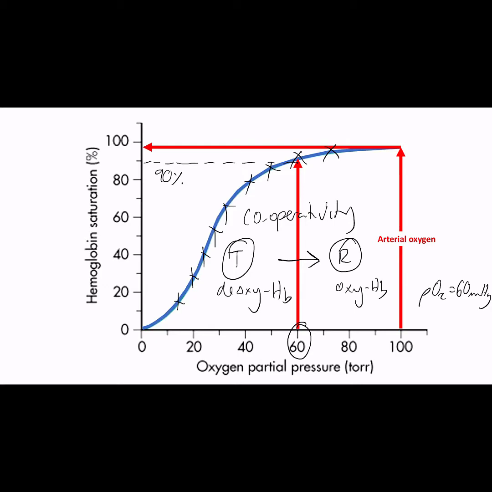Now that point's important to realize, because if the partial pressure of oxygen drops a bit more, then there is a much more rapid fall in the oxygen saturation of hemoglobin.